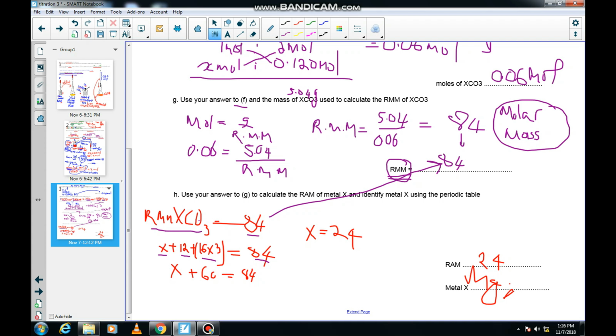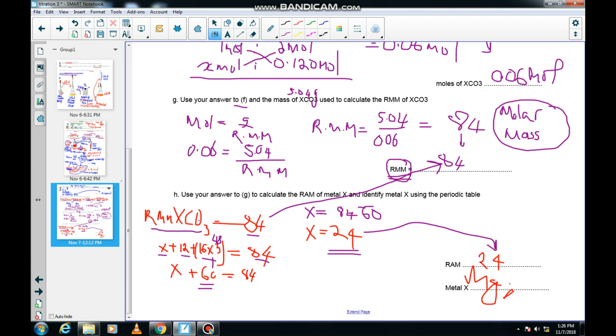The 3 oxygens give us a total of 48, and 48 plus 12 gives us 60. Therefore, X plus 60 is equal to 84. So X is 84 minus 60. Therefore, X is 24. Make a habit of writing your answers in the spaces provided.